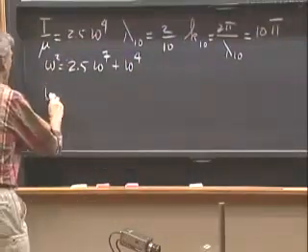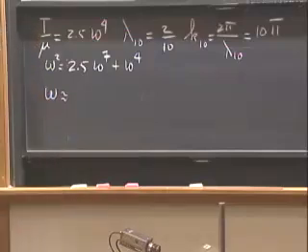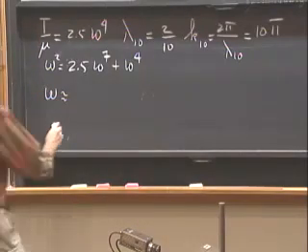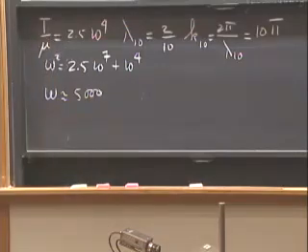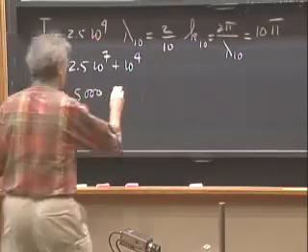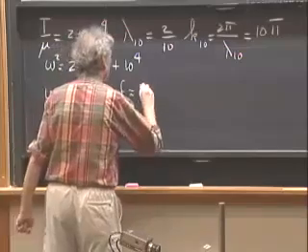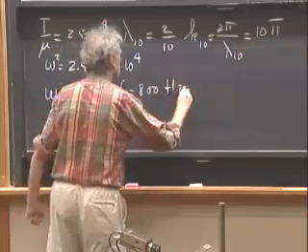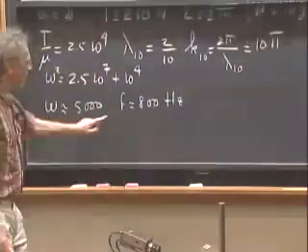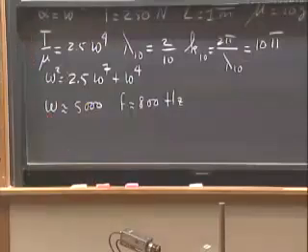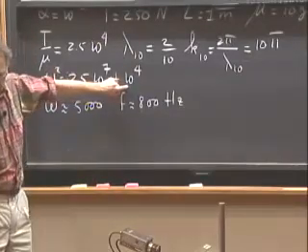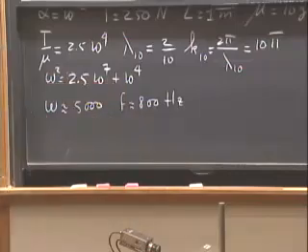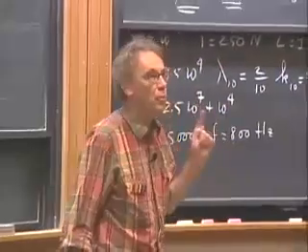If I calculate roughly what omega is, I'm not interested in the exact value of omega, you will see shortly why, you'll find that omega is about 5,000 radians per second in this case, which translates into a frequency of about 800 hertz. The value itself is not so important, but what is important is that as a result of this extra term, the frequency will go up by 0.02%.